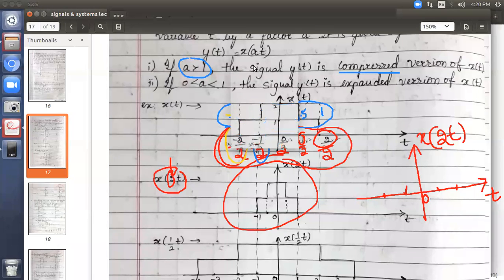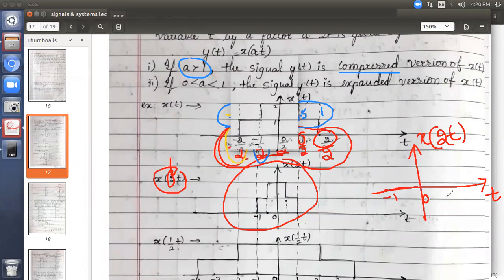So what I will do, I will take this a little bit expanded. I will mark this as -1. Okay, a big range I will take.